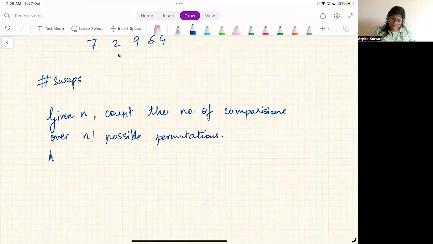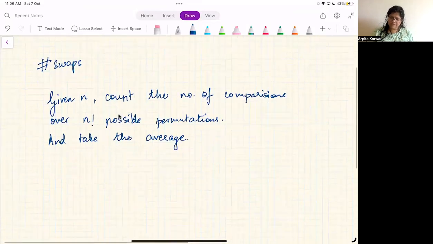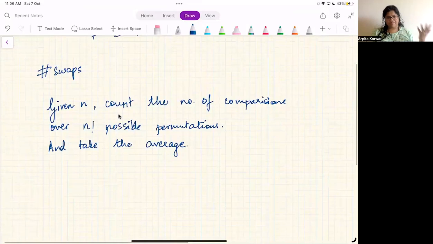And take the average of this count, and that is the average case time complexity, or average case number of comparisons.